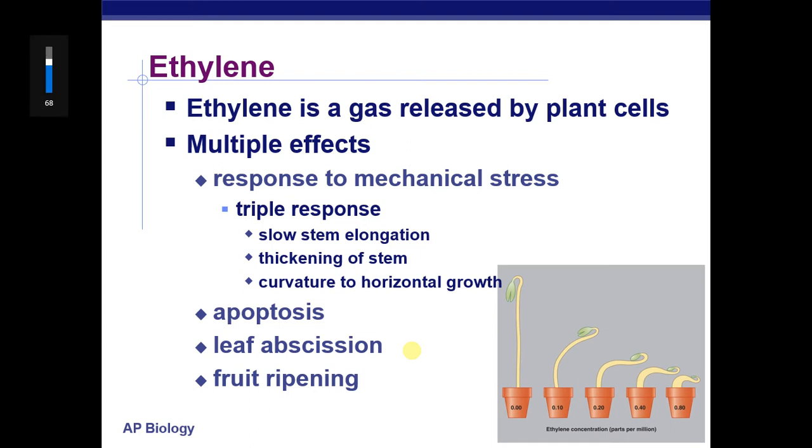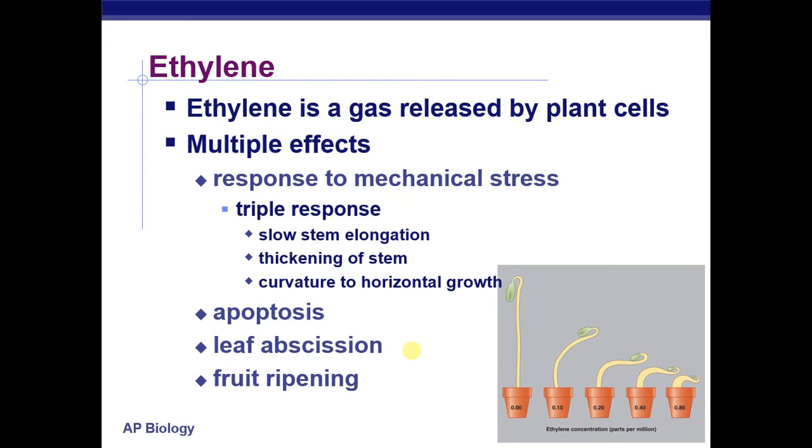Ethylene may be one of the most obvious plant hormones. It has multiple effects, and it's really important in the response to mechanical stress. It's in charge of what's called the triple response for mechanical stress, which is to slow the stem from elongating and become thicker, and to start to curve horizontally to make it harder for herbivores to eat the plant.